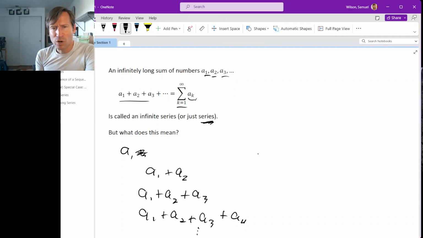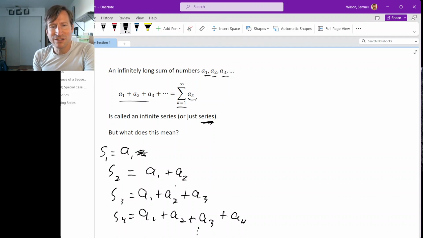So we're going to need to think about what all of these different finite sums are. So let's name these. This one is a sum, so let's call it S1. This one with a1 plus a2, let's call it S2, because we're going out to the second term. And let's call this one S3 and this one S4 and so on.